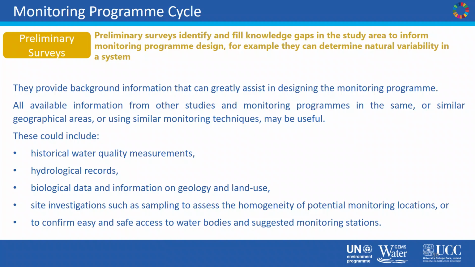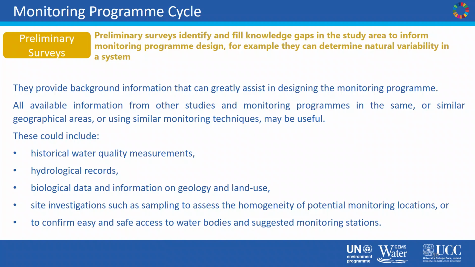All available information from any other studies or monitoring programs in the same or similar geographical areas, or any data from similar monitoring techniques, may be useful. For example, historical water quality measurements, any hydrological data, any biological data, and information on the geology and land use.